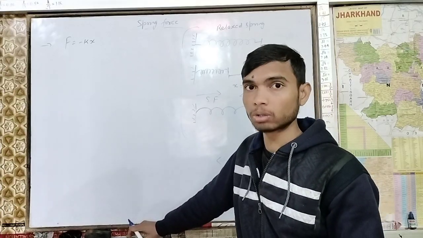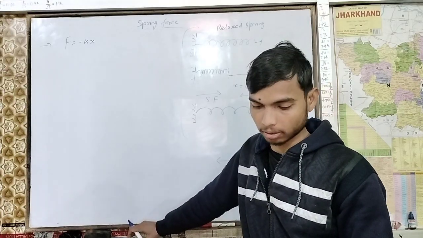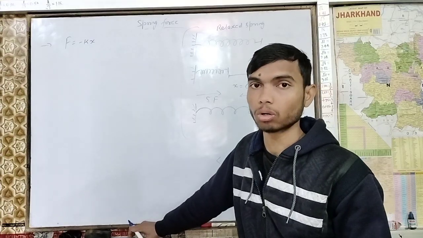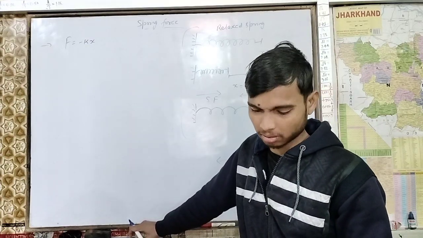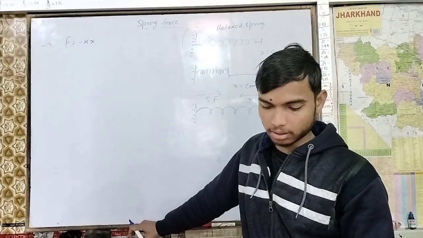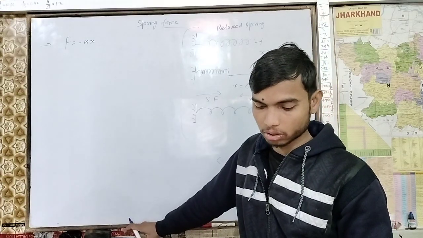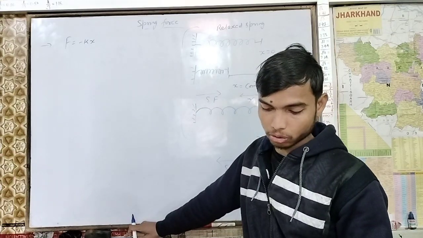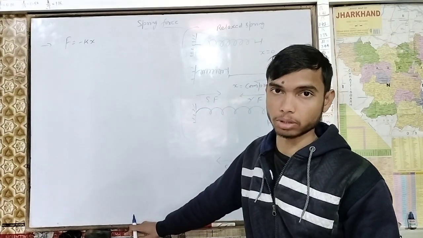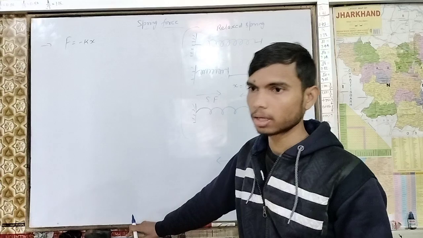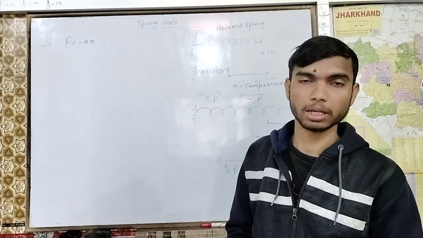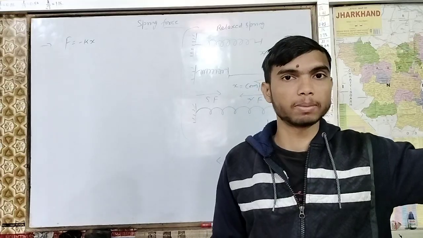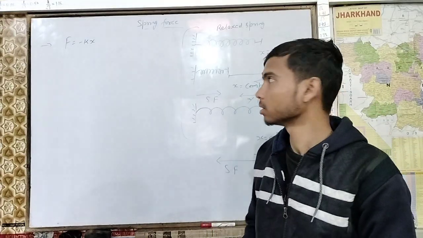So k will depend on the material of the spring. Is the spring metal or non-metal, plastic, whatever. So k is our force constant or spring constant. The negative sign shows that F is always opposite to x. If the displacement is in this direction, the force will be in the opposite direction.